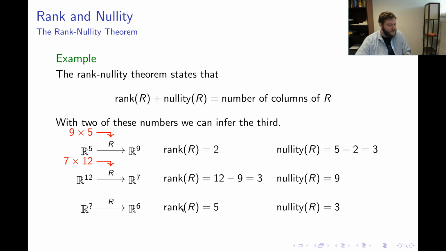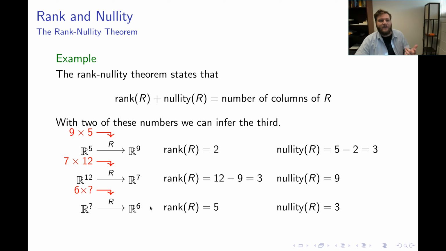Here is a third example. Let's say that I had a matrix R, and in arrow notation, I didn't know what I was allowed to multiply R by, but I knew that when I do multiply R by something, I produce a vector in R6. Let's say in addition I knew the rank was 5 and the nullity was 3. Well, this arrow notation is the same thing as saying that this matrix has 6 rows, but we don't know the number of columns.